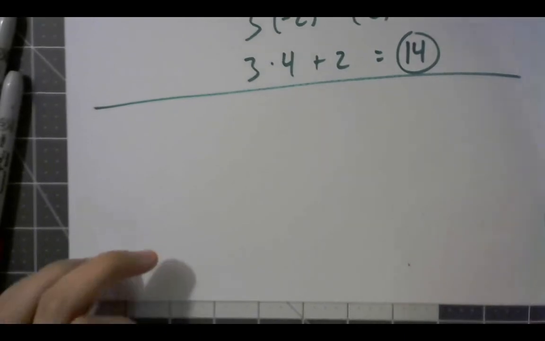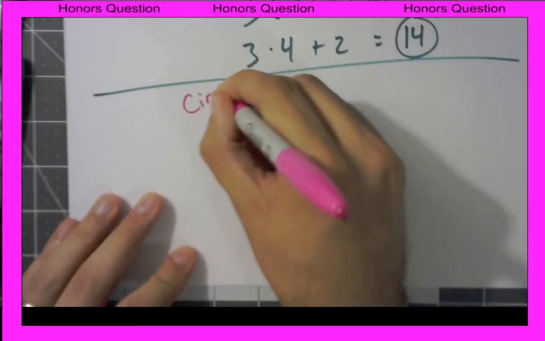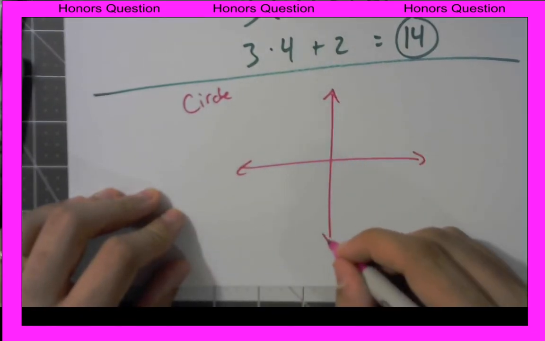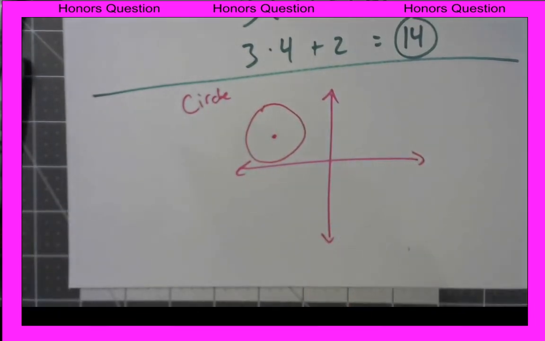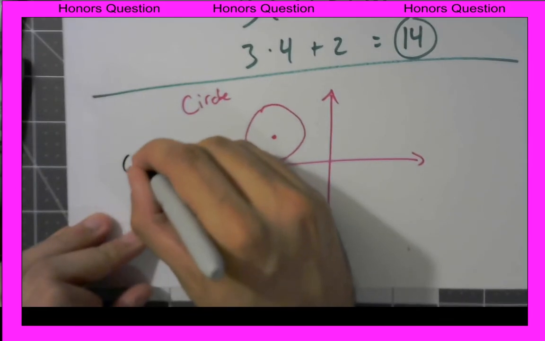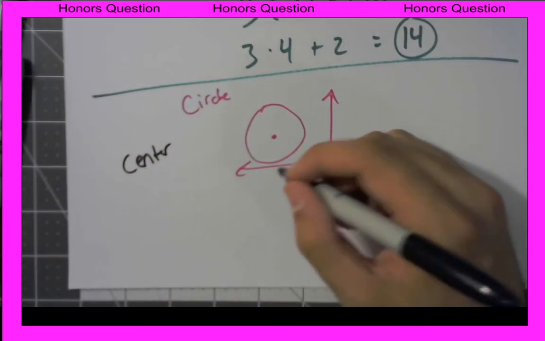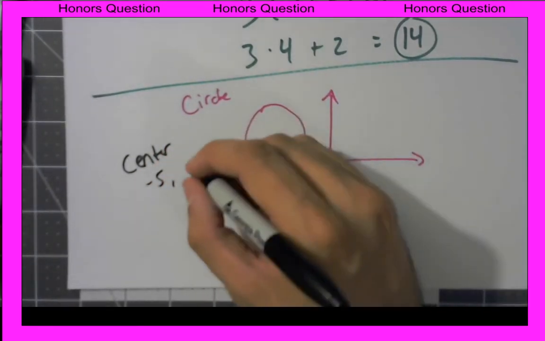All right, back to this. So we have a circle. Let's say it exists over here. I'm going to say the center is, how about -5, 3?